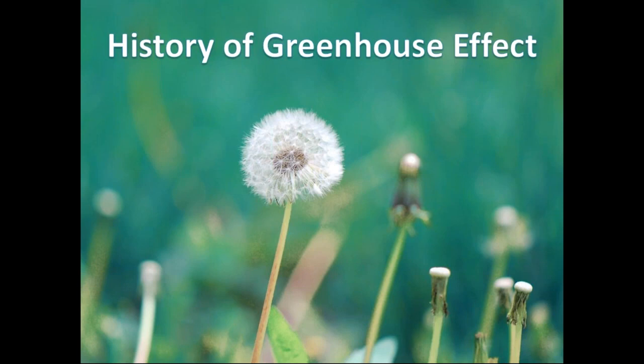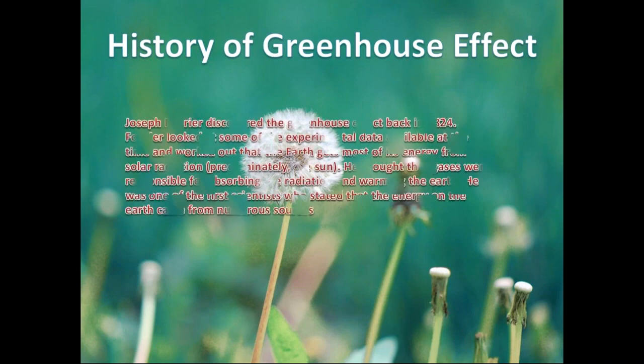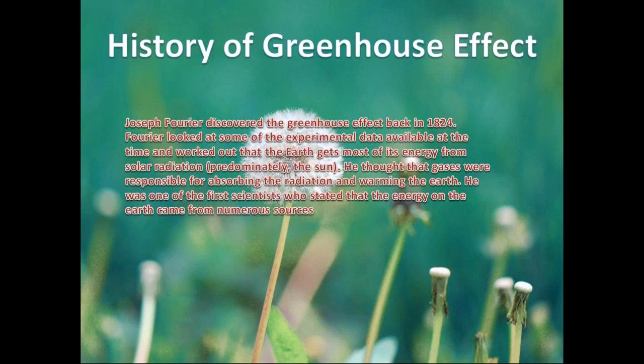But the first measurement of infrared absorption and emission of this radiated heat was actually done by John Tyndall in 1859, and over time, later, the effect of these greenhouse gases was then quantified by Svante Arrhenius in 1896. So he was the first person that made a quantitative prediction of global warming due to a hypothetical doubling of atmospheric carbon dioxide.